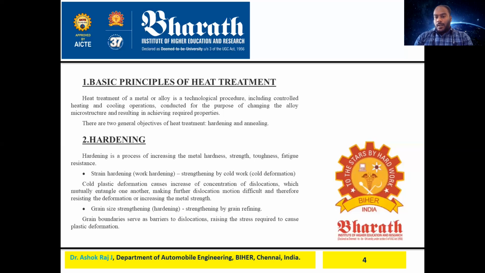If dislocation motion is more difficult, the movement of the structure is very little, so strength will automatically increase. Then there is grain size strengthening, strengthening by grain refining. If you get a fine grain using cold working, different coating processes, then you can also get high hardening.